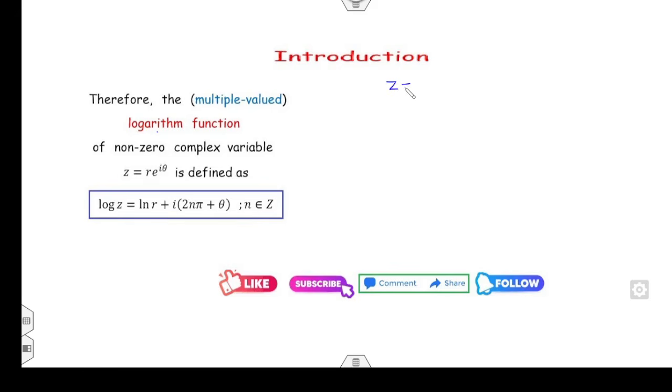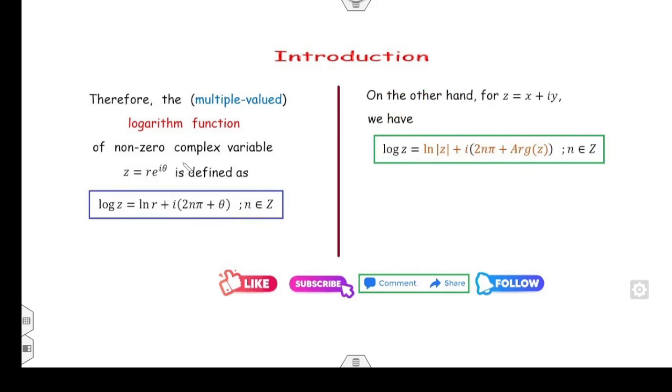And if you have z in Cartesian form, then what is r? r is nothing but root of x square plus y square, that is the modulus value. And theta is my principal argument value. So I can replace r with mod of z, plus iota into 2n pi plus the principal argument value.